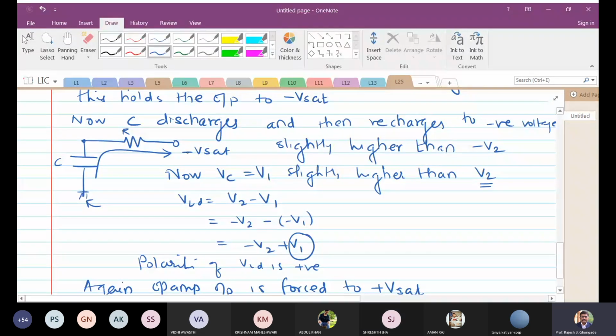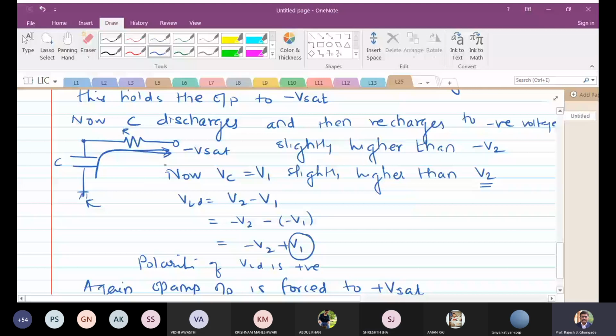So we are having minus Vsat here, so it has already got a path here. So the positive voltage across the capacitor will go first to 0, that is ground, and then start getting negatively charged because the voltage here is minus Vsat. Understood? Okay, sir.